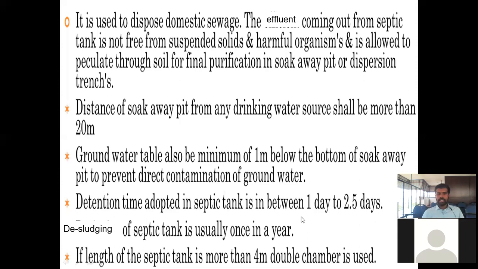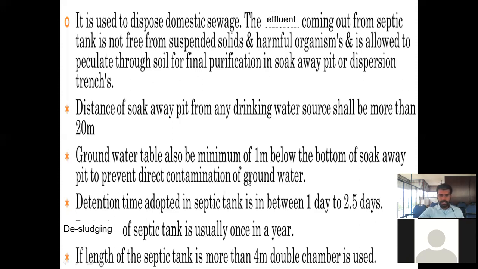But we can construct the septic tank for 3 years, 5 years or 6 years, according to our need, so that the tank size will increase. Usually the desludging is once in a year, and that is called desludging.